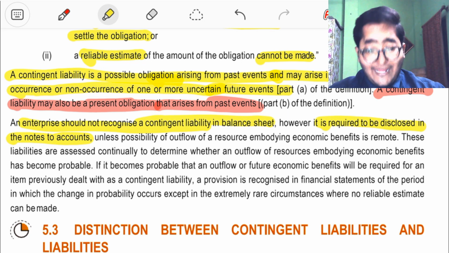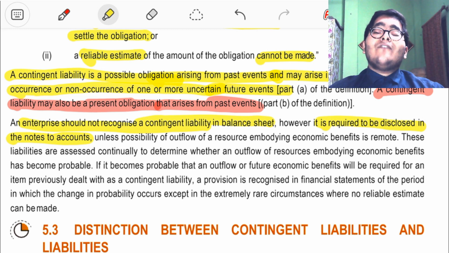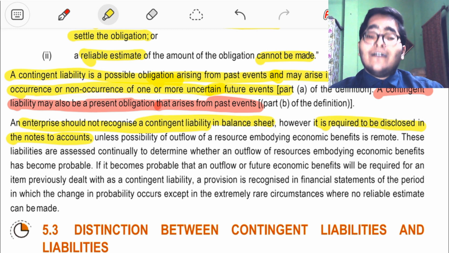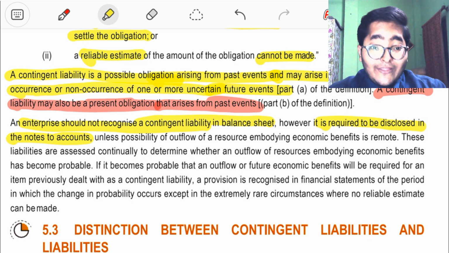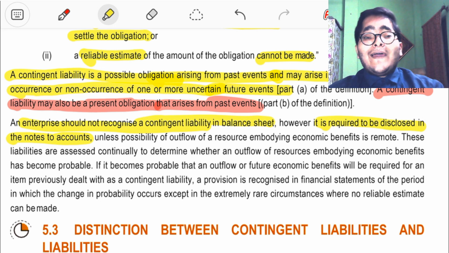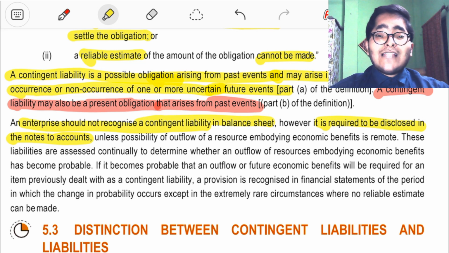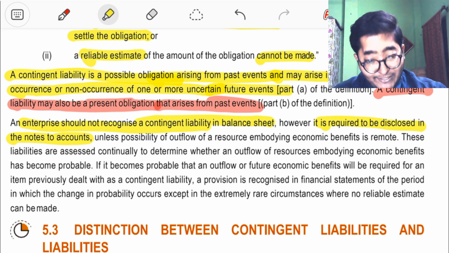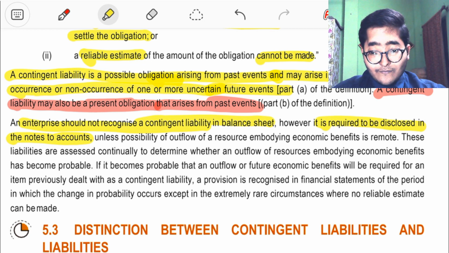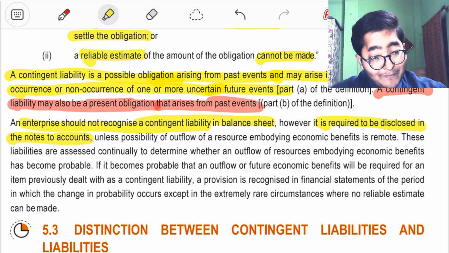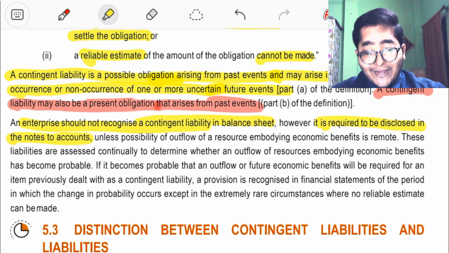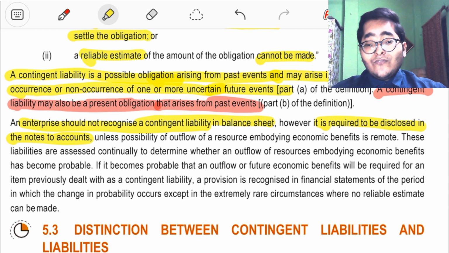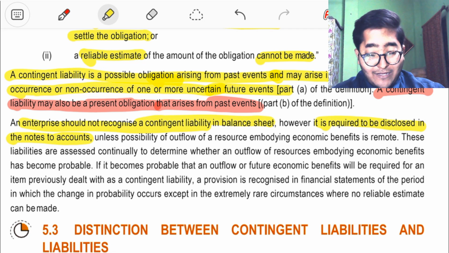Until and unless the probability of outflow of resources is certain, an enterprise cannot write the contingent liability in the balance sheet. These liabilities are assessed continually to determine whether an outflow of resources embodying economic benefits has become probable.